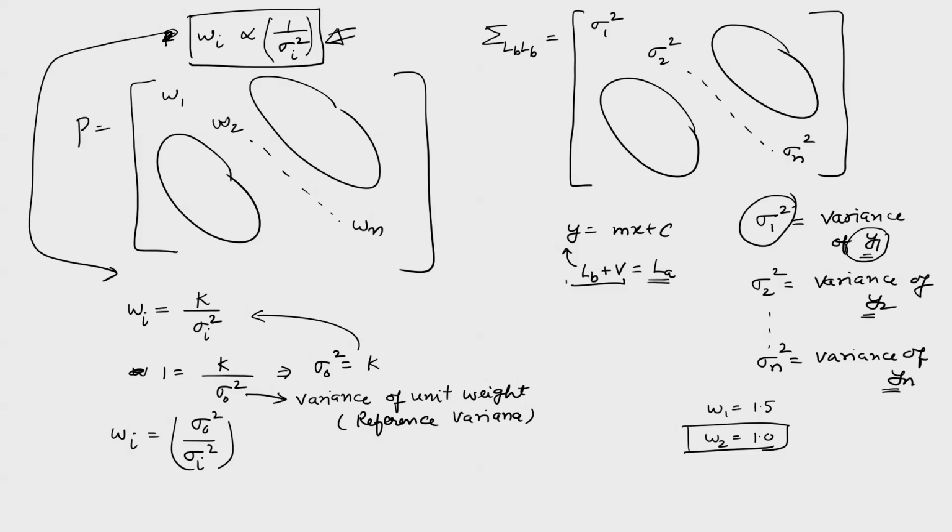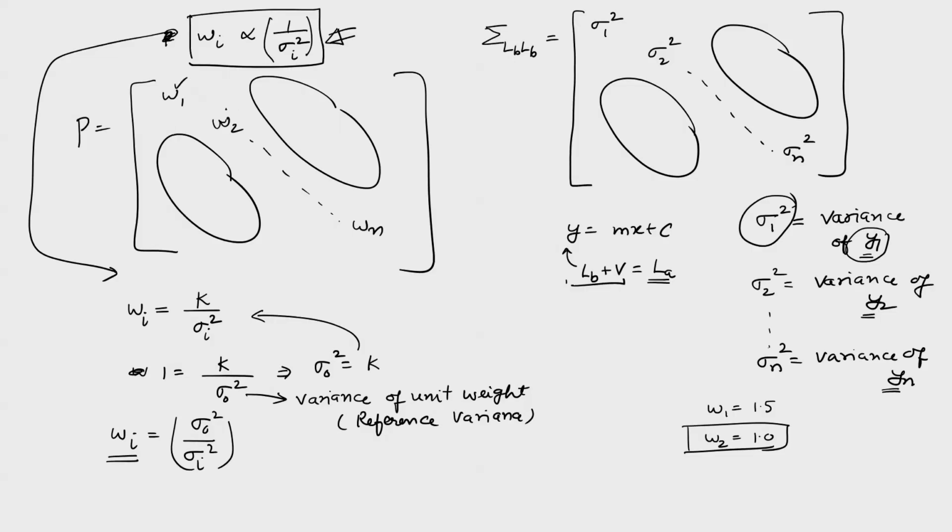First, no problem with the units. Secondly, even if I do not know sigma 0 and sigma i, I can still construct the weight by assuming sigma 0 and sigma i. So that way I will have the weight matrix in terms of numerical numbers which are ratios, and so I will have this Wi which is independent of unit, but still represents the mutual quality of all the observations together. So this is the way we construct the weight matrix.